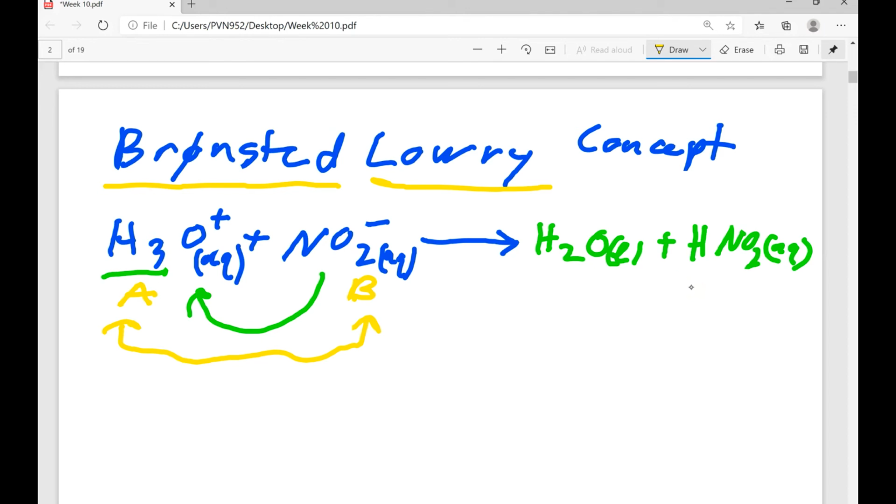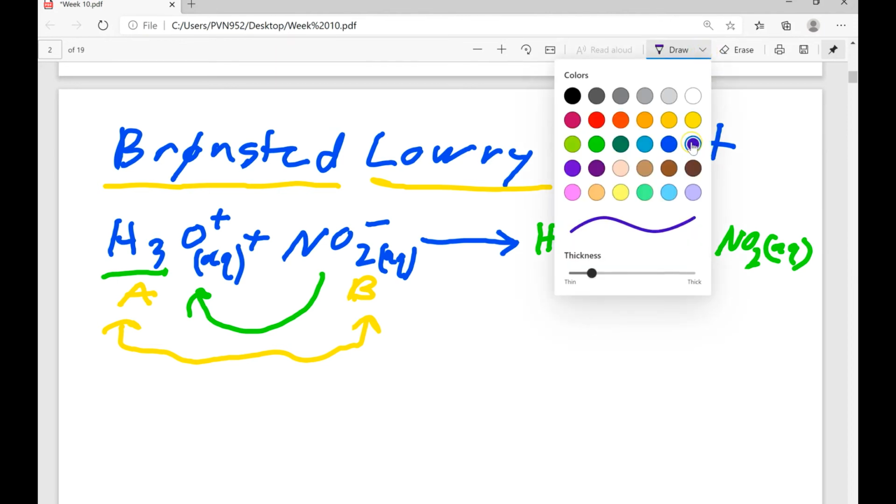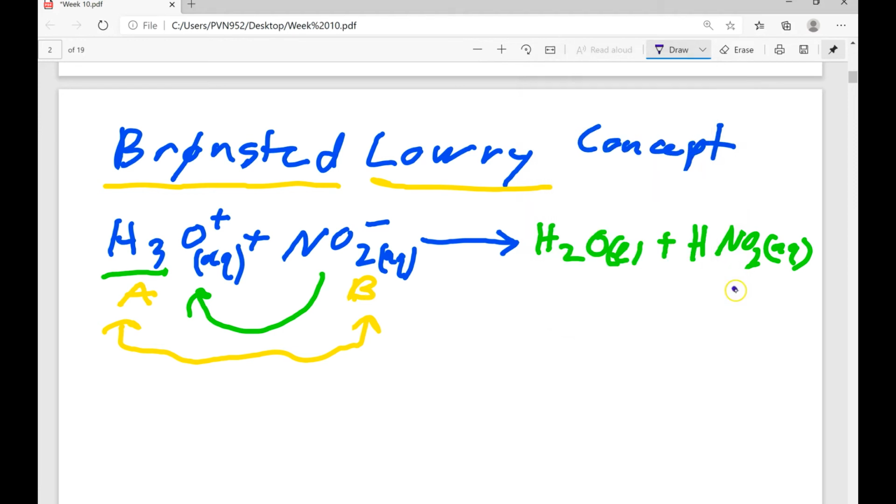The Bronsted-Lowry concept introduces the terms conjugate acid and conjugate base. So when you think about this reaction, we have our acid reacting with our base. What this is going to form is a conjugate acid and a conjugate base.